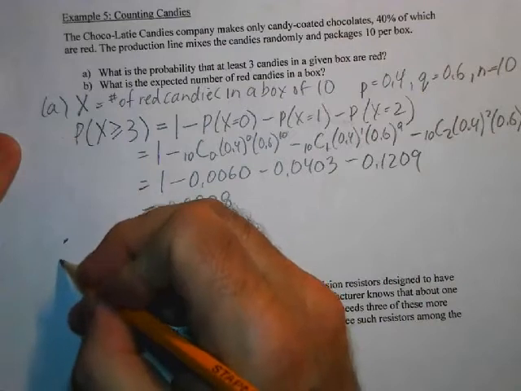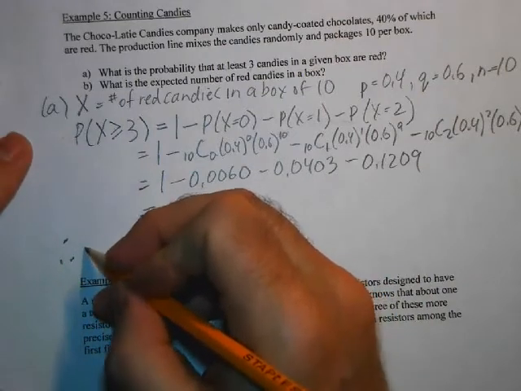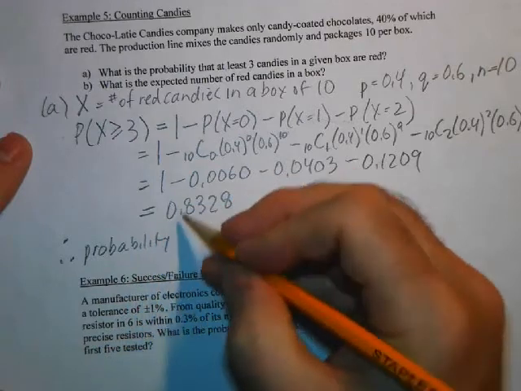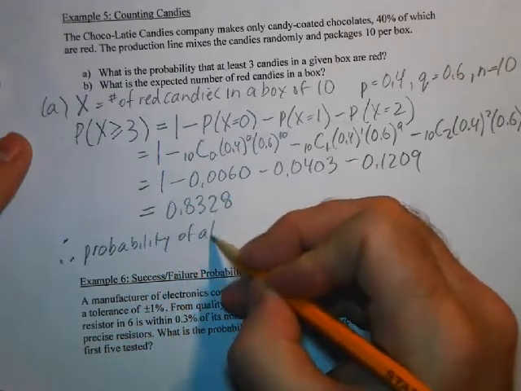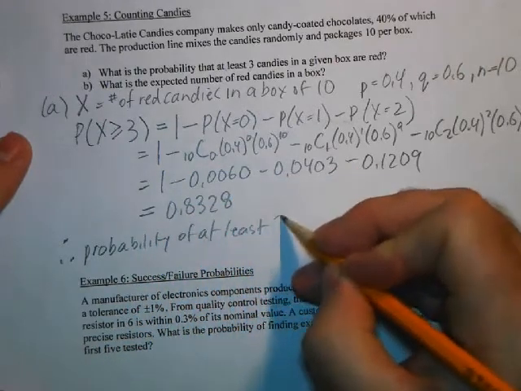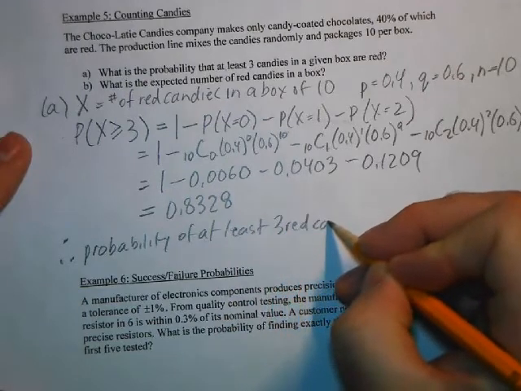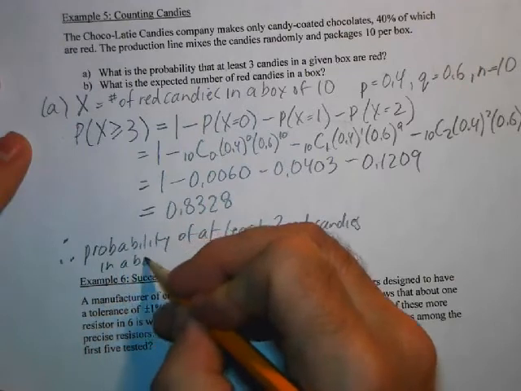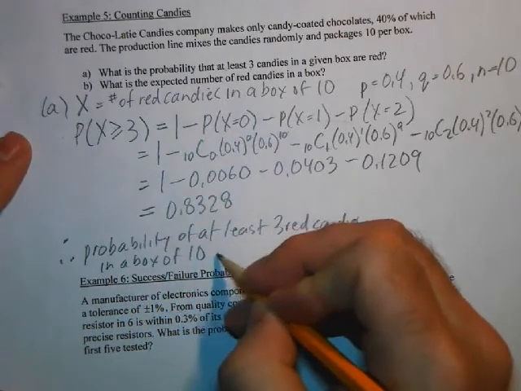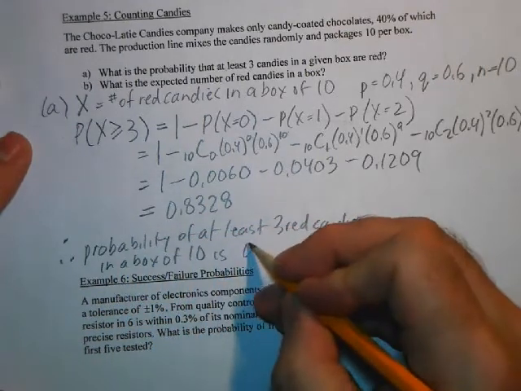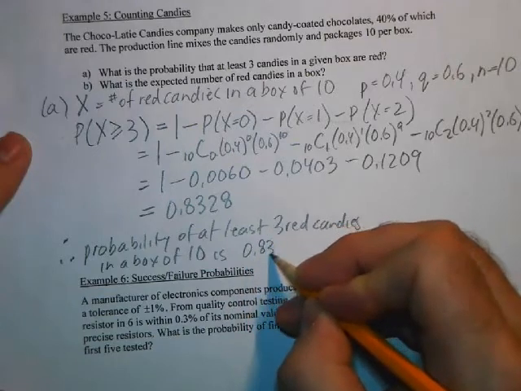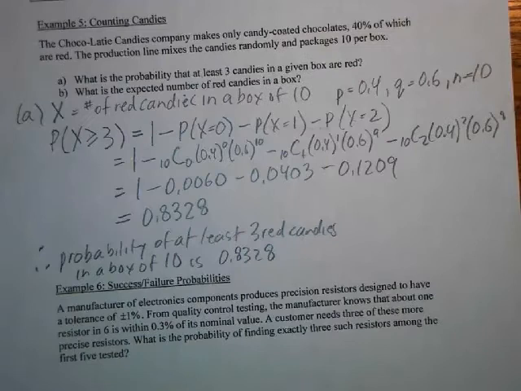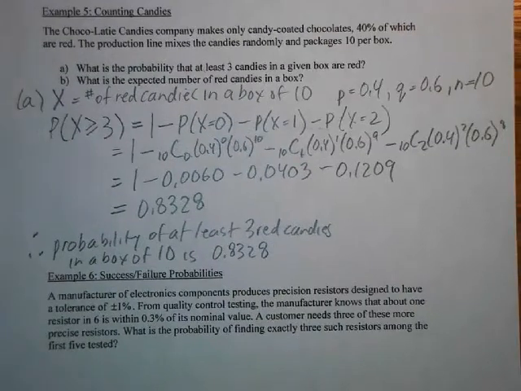So conclusion, therefore, the probability of at least 3 red candies in a box of 10 is 0.8328.